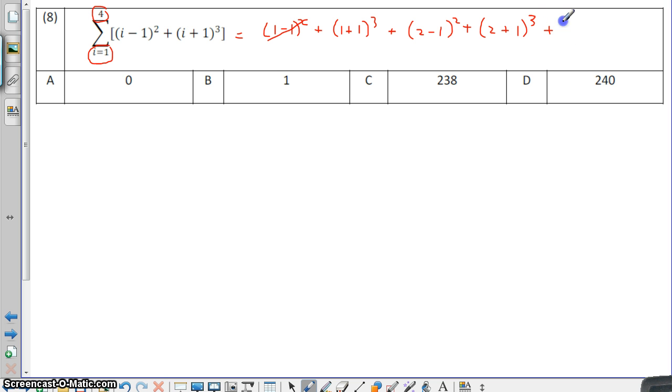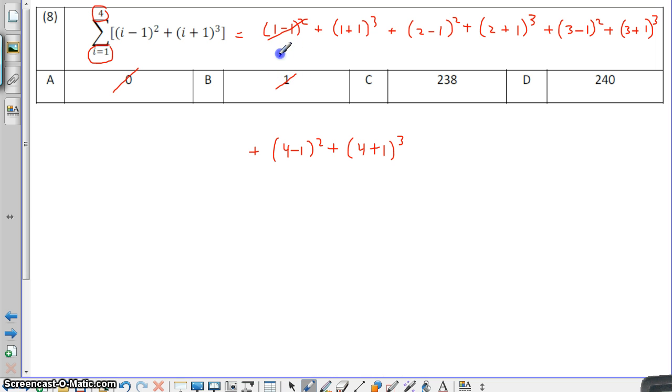Then plug in 3. 3 minus 1 squared plus 3 plus 1 cubed. And then the last one would be 4 minus 1 squared plus 4 plus 1 cubed.